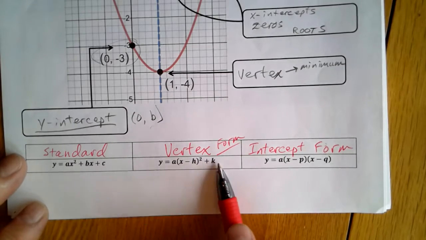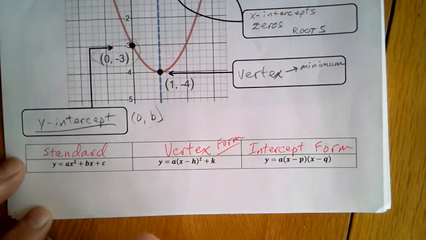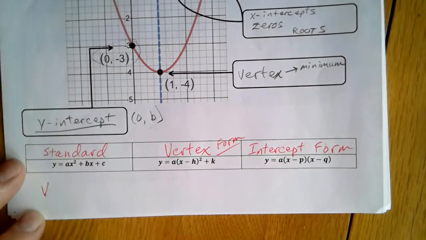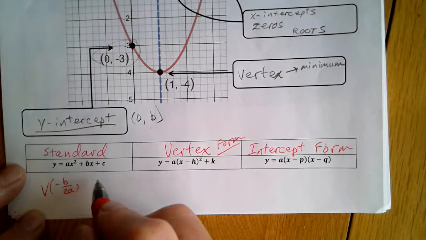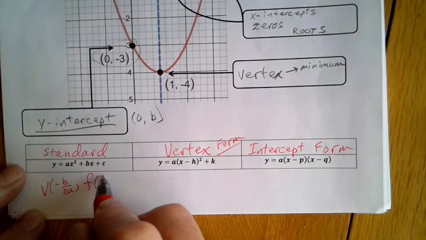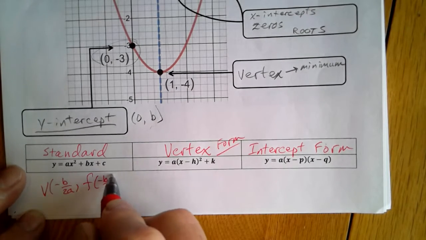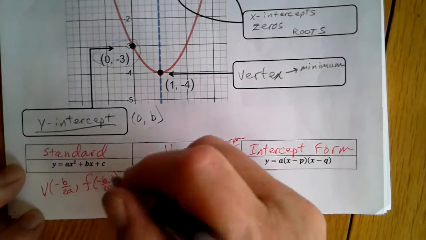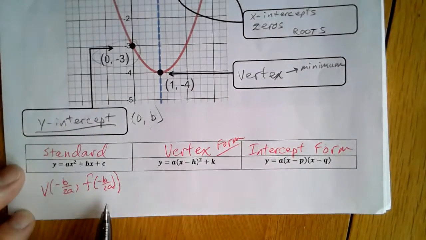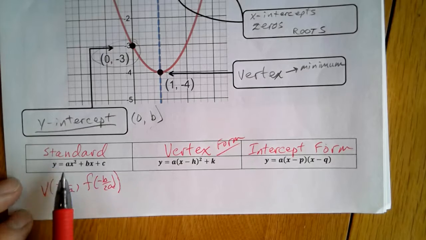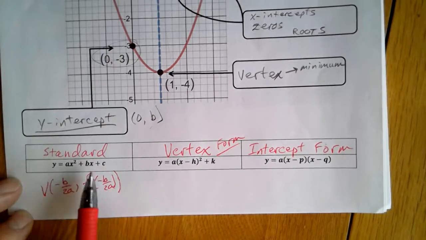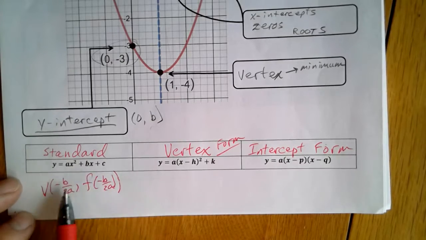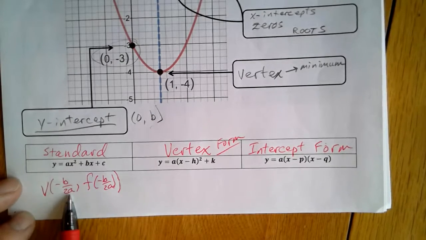So here my vertex is minus b over 2a, comma, f of minus b over 2a. Okay, so what we did in class was we took the b and the a and put them in here and got a number. Whatever number we got, we plugged it into our function and got a y value. So we got an x and a y.